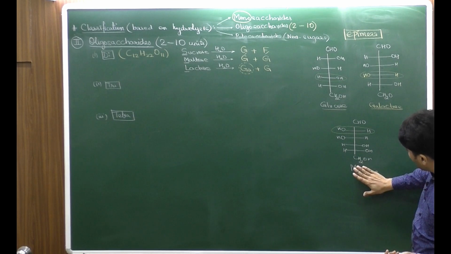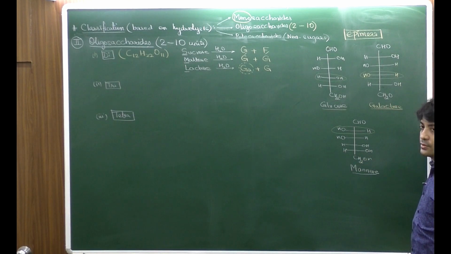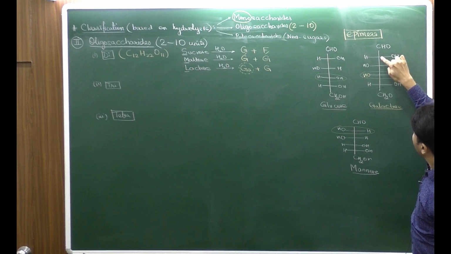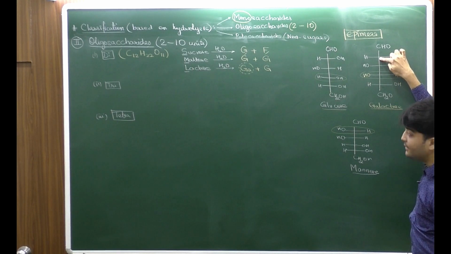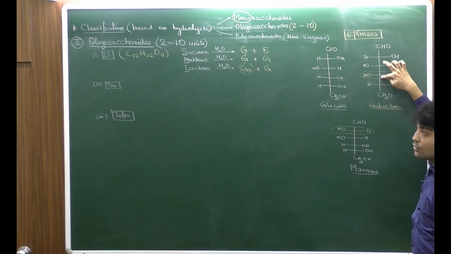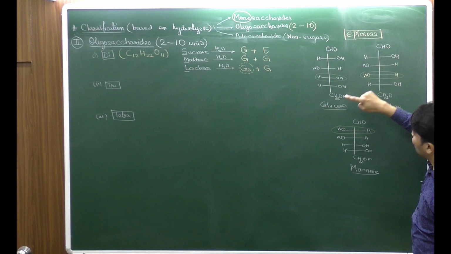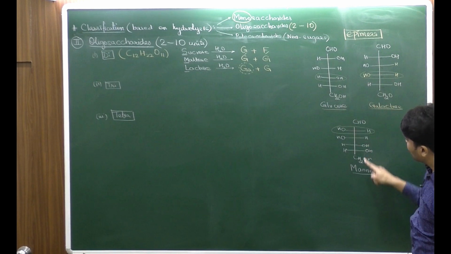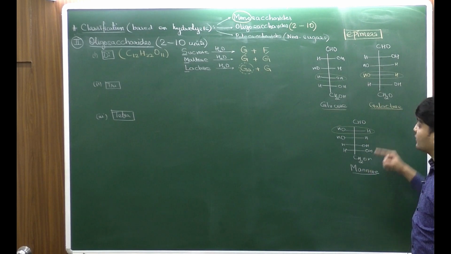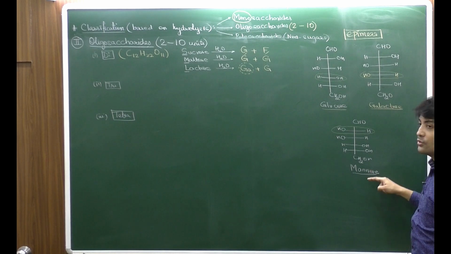Now if I just talk about mannose and galactose, there is a difference at the second and fourth. When the difference is at two carbons, it will not be called an epimer. So glucose-galactose and glucose-mannose are epimers, but galactose and mannose are not epimers.